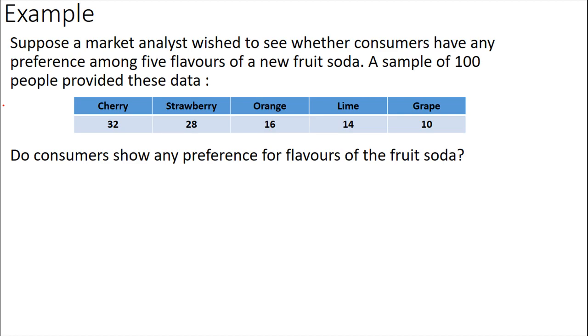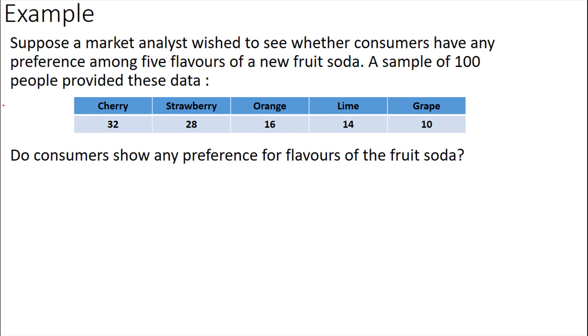Let us look at the first example. Suppose a market analyst wishes to see whether consumers have any preference among 5 flavors of a new fruit soda. A sample of 100 people provided this data.